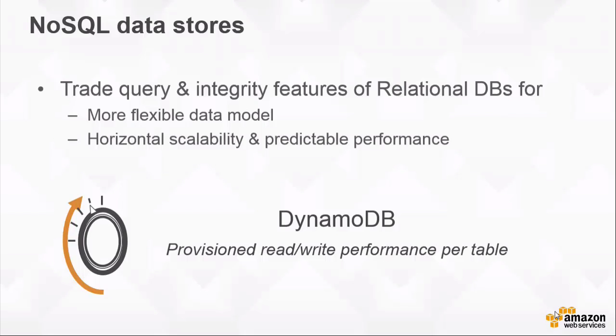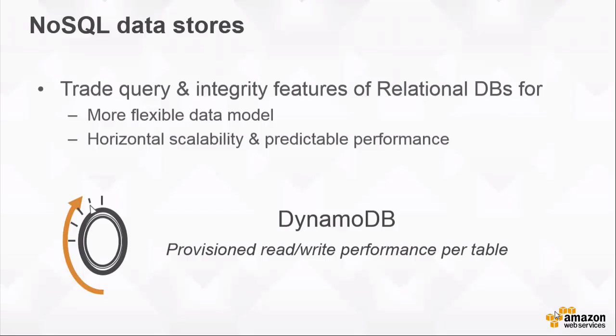Another option is to move those workloads to a NoSQL data store that is designed to handle sharding automatically for you. NoSQL databases typically trade some of the query capabilities and integrity checking properties of a relational database. In exchange, they give you a much more flexible data model that can scale horizontally.